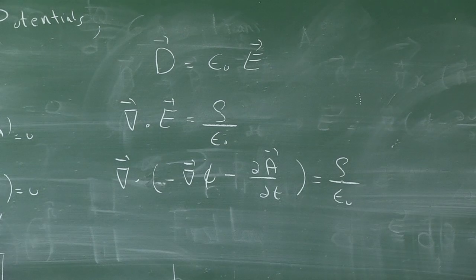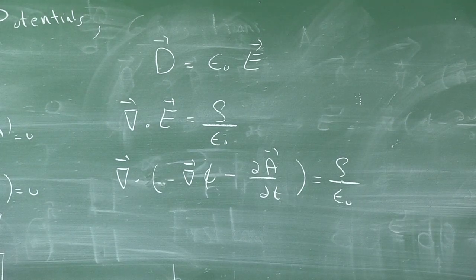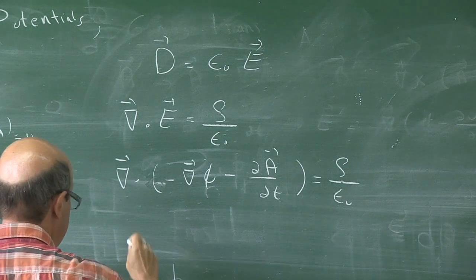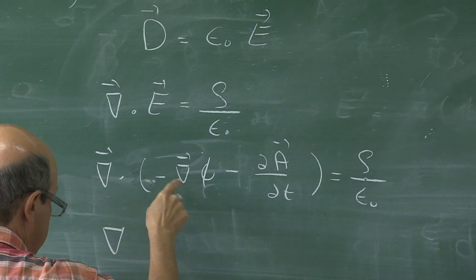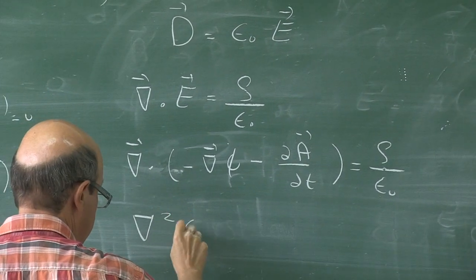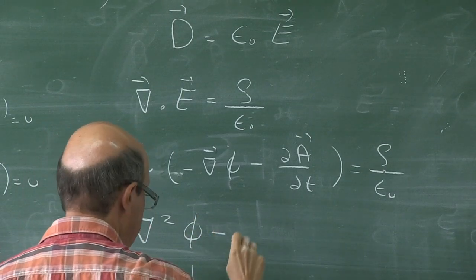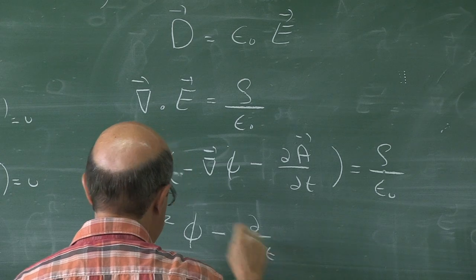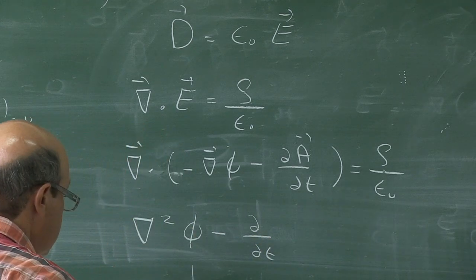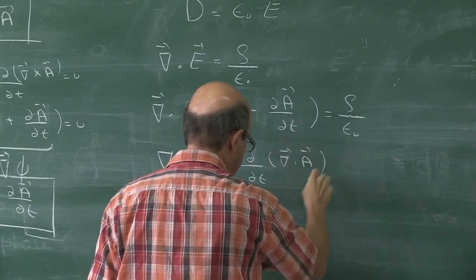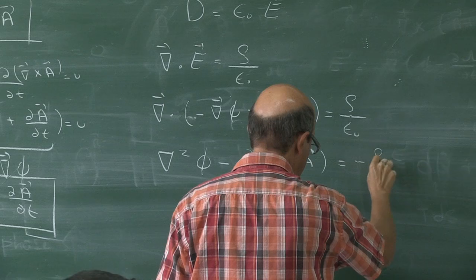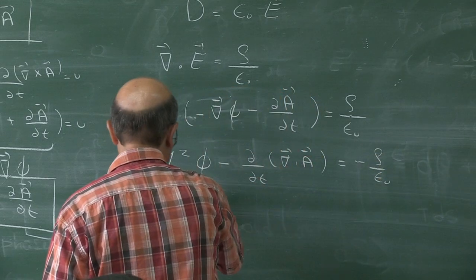Now the things are mixing. So you have one equation in terms of scalar and vector potential. Altogether, this becomes the divergence of the gradient, which is the Laplacian of V, minus del over del T. You can replace the order of the operations, so that becomes del dot A, and that is equal to rho over epsilon 0.